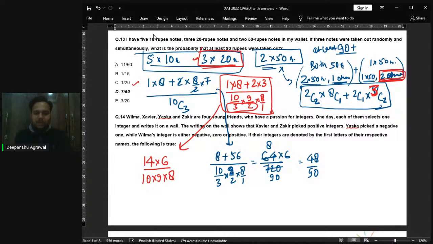If we solve this correctly, then you will surely be getting the right answer. So this would be 3, this would be 4, this would be 2, so we get 7 divided by 10 into 3 into 2, that is 60. So this is the correct answer.